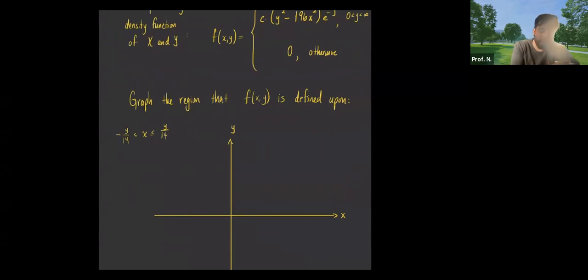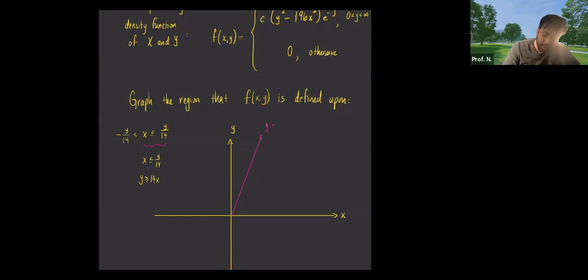So if you study this, just look at this inequality here. We get x is less than or equal to y over 14, or in other words, y is greater than or equal to 14x. And what is that necessarily? That's a line that goes through the origin, and it has a pretty steep slope, right?